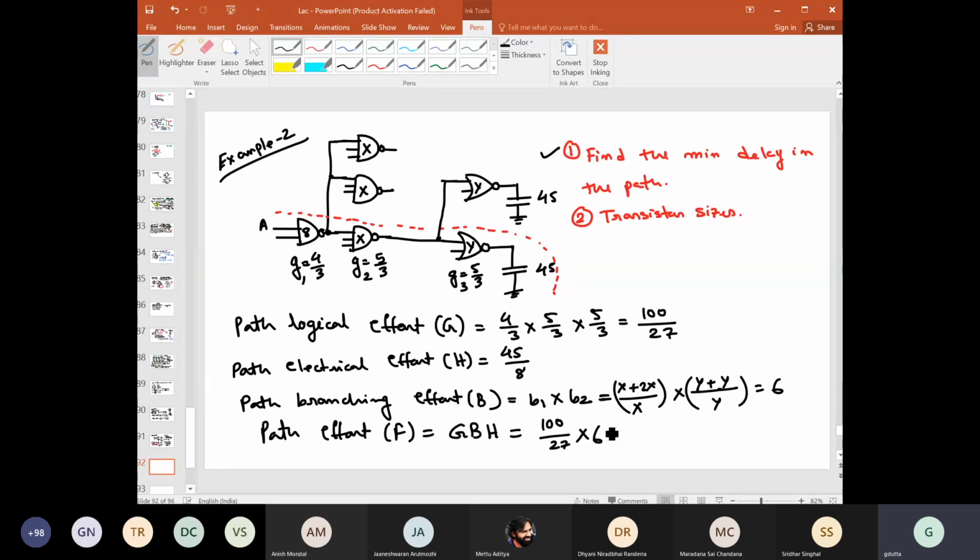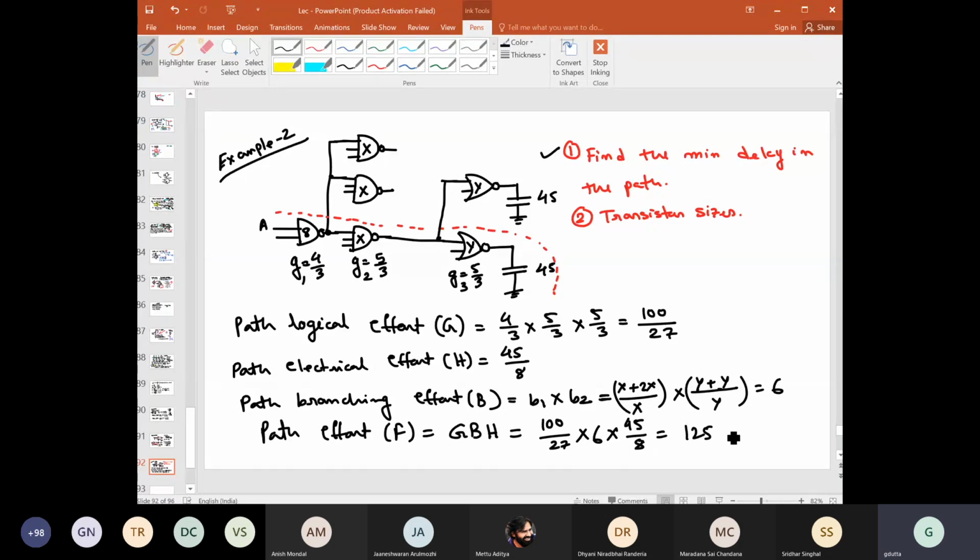The value of H is 45/8. Can you please check and tell me what the value is? 125. Very good. So it is 125.